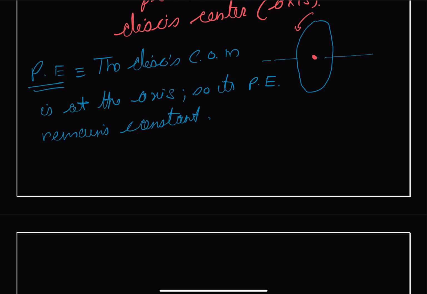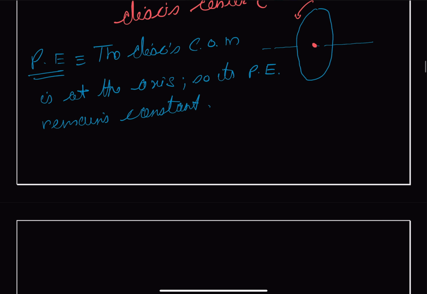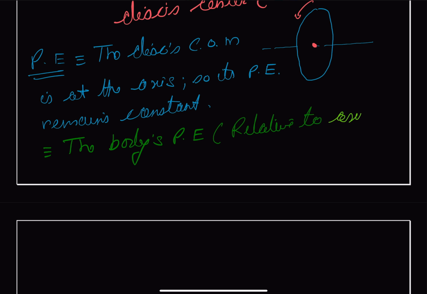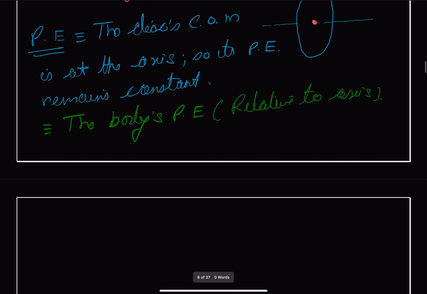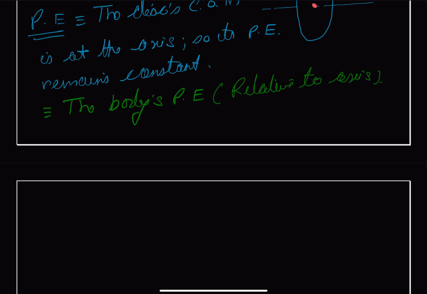But the body rotates relative to the axis, so we can say the body's potential energy relative to the axis, we can call U initial.